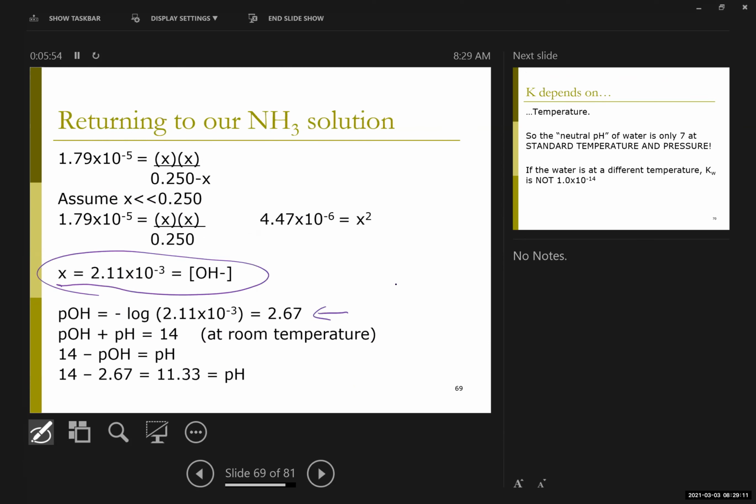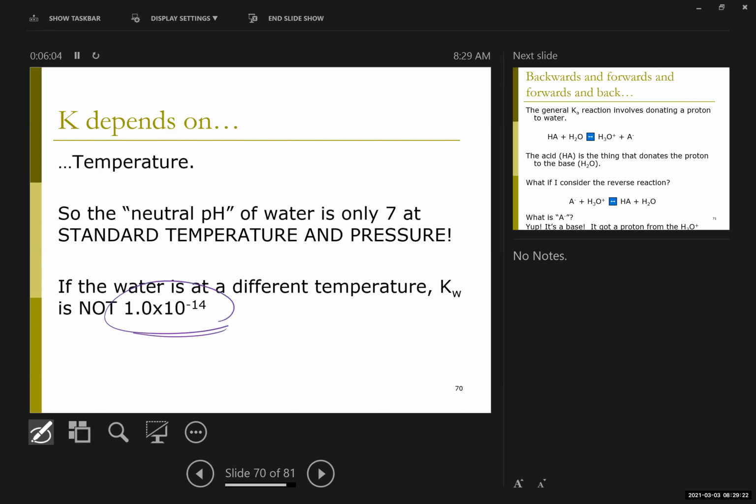Because that 7 comes from this, and this is only technically good at 298 Kelvin. And so quite naturally, neutral pH, which really is not so much a magic number as it is the point where the hydronium equals the hydroxide, is always the square root of KW.